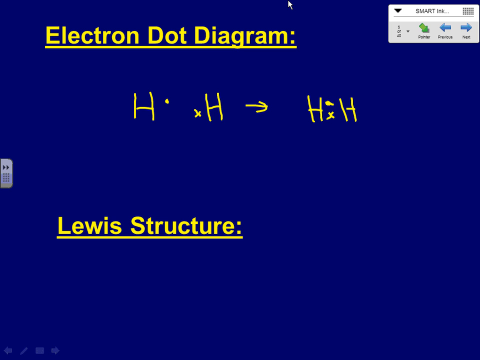We're going to be drawing lots of Lewis structures. Don't even bother writing the term structure, just write Lewis. You can squeeze that in wherever you're putting it. And we know that we can take that pair and draw it like that. And we know from last year that this particular thing is a single bond.